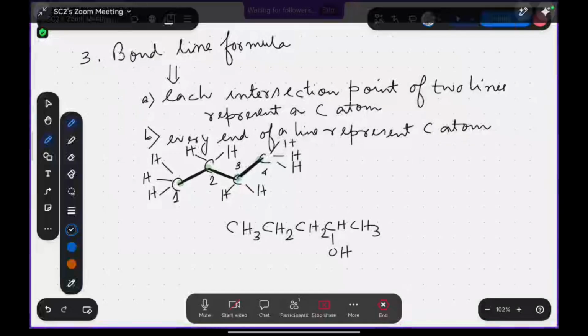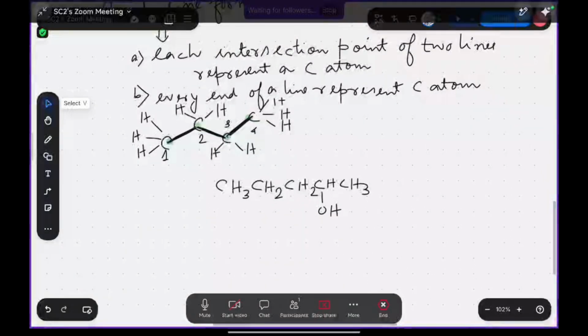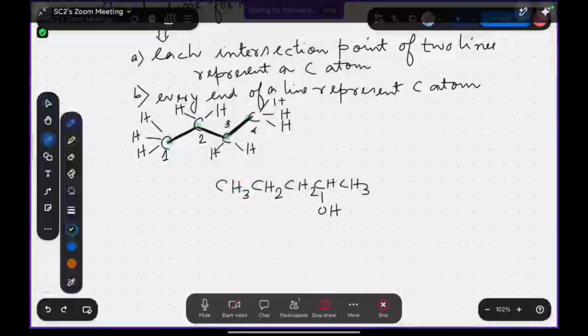Suppose this is the compound given to us. How will you represent it through the bond line formula? You need to know that we are having 5 carbon atoms. That means 5 dots have to be given. And how many bonds are there? See, 1, 2, 3, 4 carbon-carbon bonds.